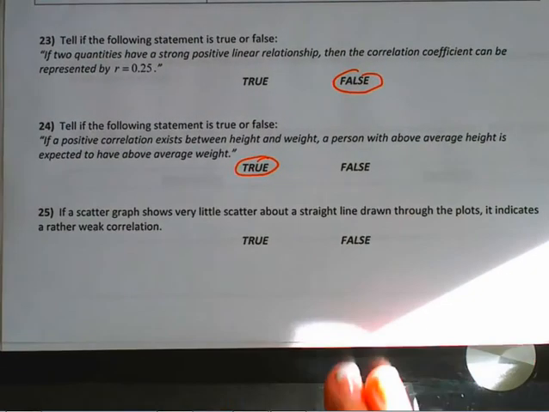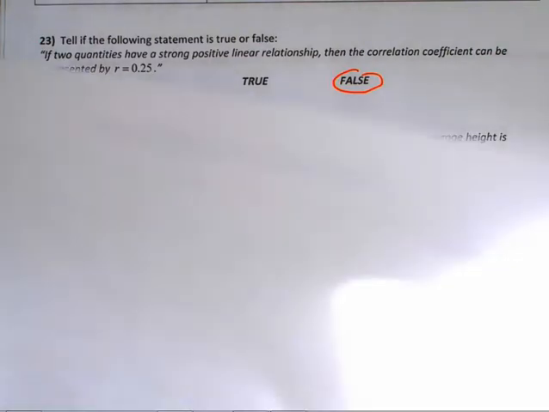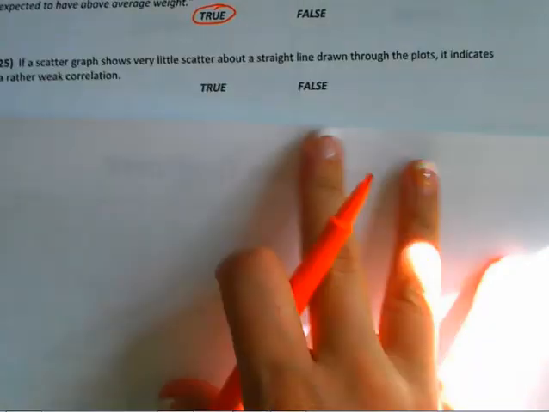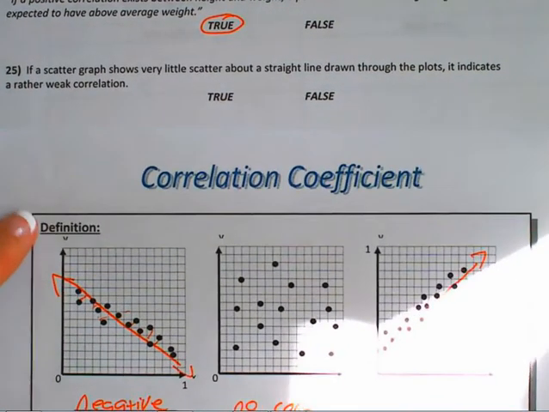All right, last one. If a scatter graph shows very little scatter about a straight line drawn through the plots, it indicates a rather weak correlation. That one's worded in a difficult way. So let's look at these examples.